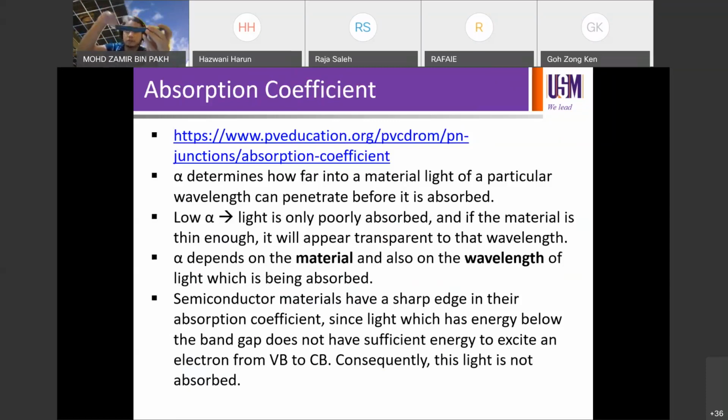In comparison, with some other semiconductor material of perhaps double thickness, the very same photons have much more volume to go through in order to interact with the semiconductor material. Hence this will determine the absorption of light.